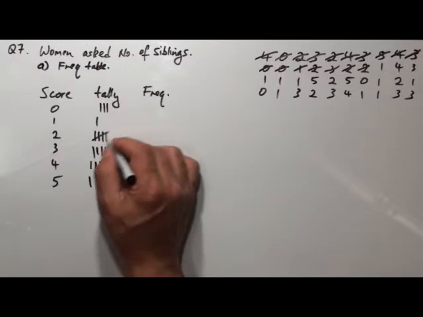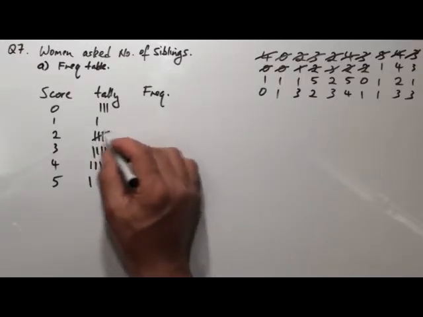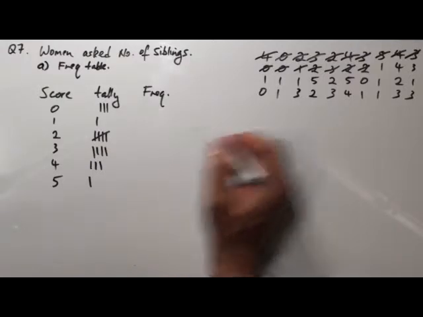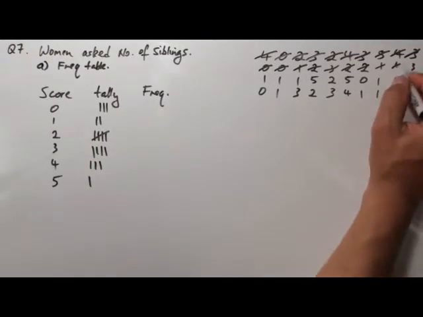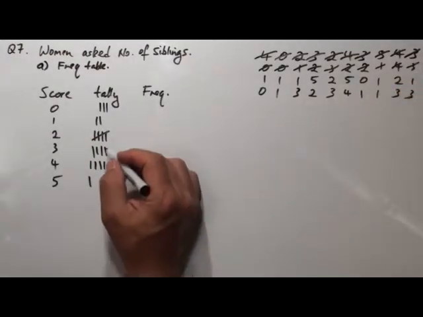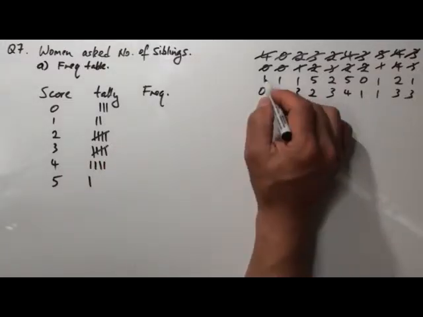And once you get to 5, you just go across, and that simply means when you're counting them all up, that straight away represents the number 5. So it's a good idea to be aware of that as you're counting.